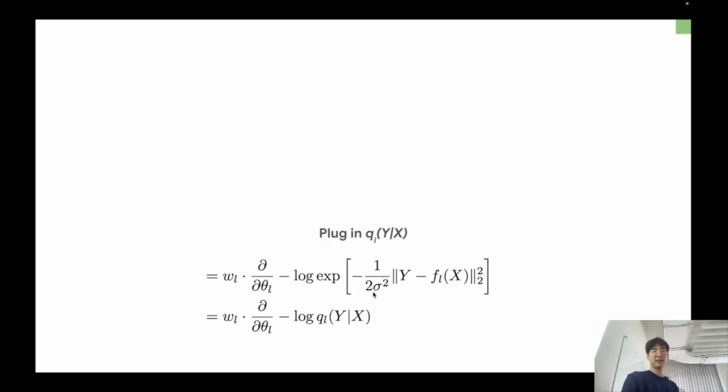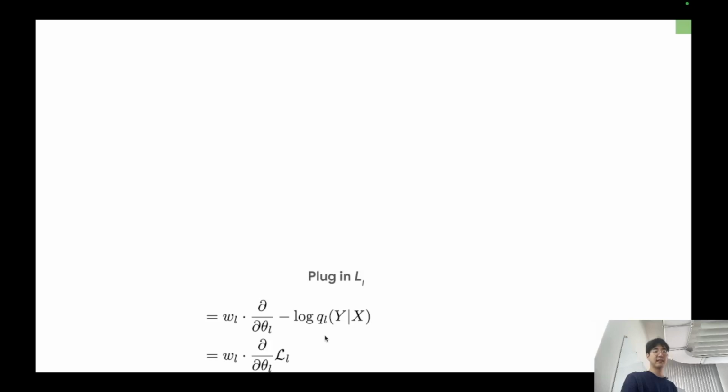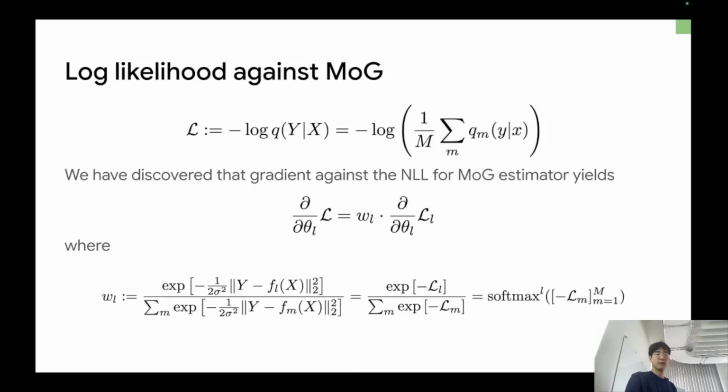And then you realize that exp of this is actually q_L of y given x. So you plug in q_L of y given x, and that's precisely the derivative of the loss value for this expert L. So we reduce the gradient for the whole mixture of experts into a single expert.